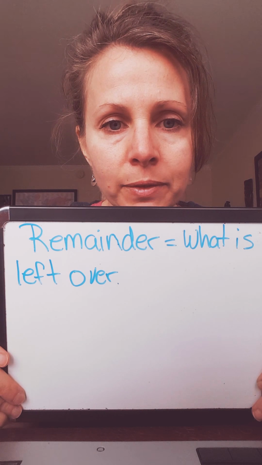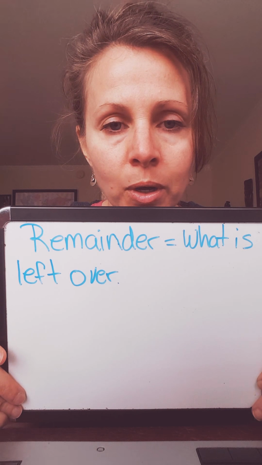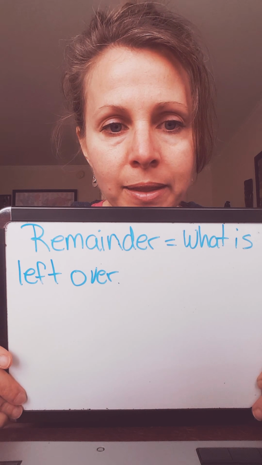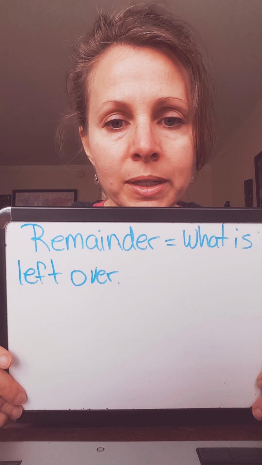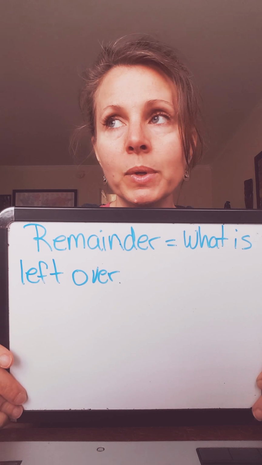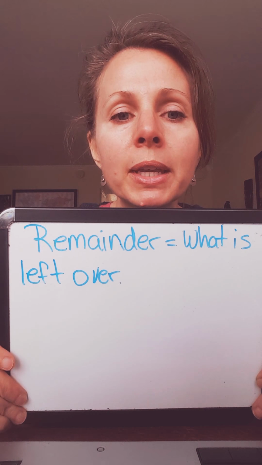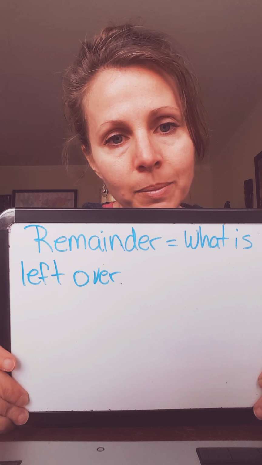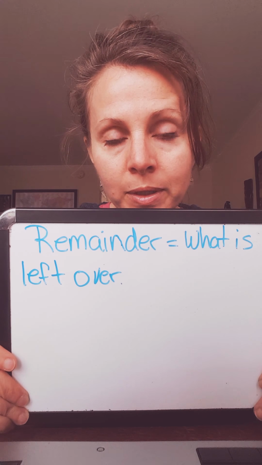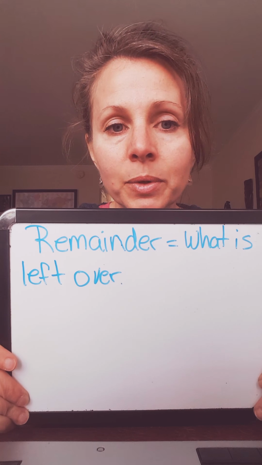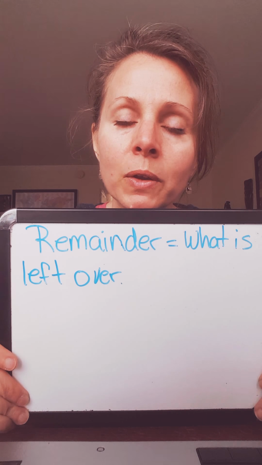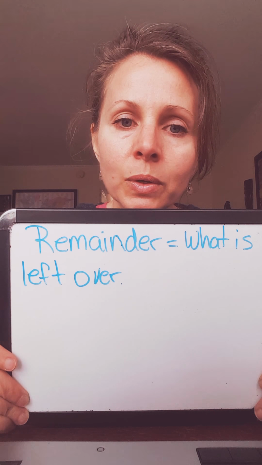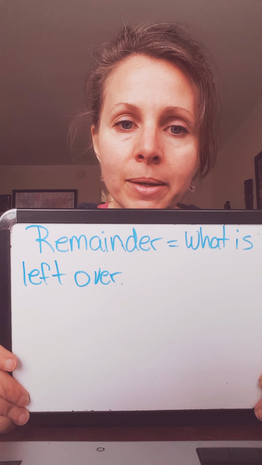In your term, highlight the fact that it's what is left over after we divide all the equal groups we can into our dividend and we get our quotient. Sometimes there are leftover numbers, and that's the remainder. Please log that into your term page so you have it.